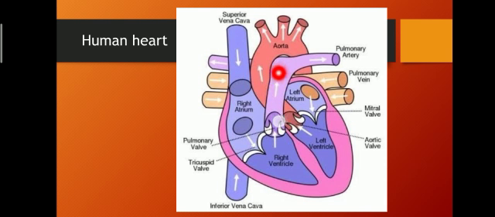In the lungs, the exchange of gases takes place, from where the blood moves to the pulmonary vein, and by the help of pulmonary vein, the blood moves to left atrium. Then from there it goes to left ventricle, from where it moves to aorta, and then the oxygenated blood is supplied to the other parts of the body. So this is how the circulation of blood takes place in our heart.